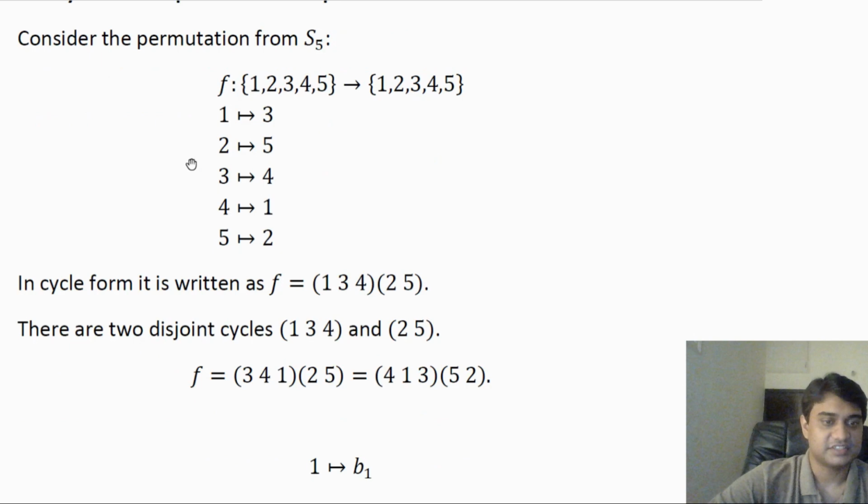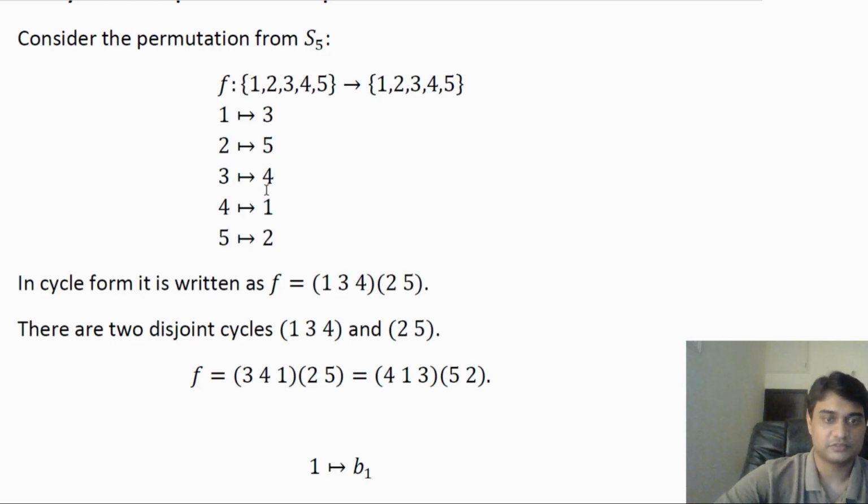And now how do we write it in cycle form? Suppose we begin with the smallest index first. The smallest index is 1, and 1 is mapped to 3. So beside 1, we write 3, and we don't jump to 2. We take 3.